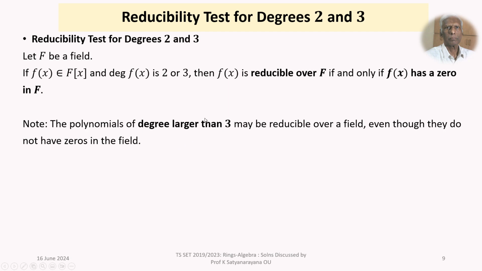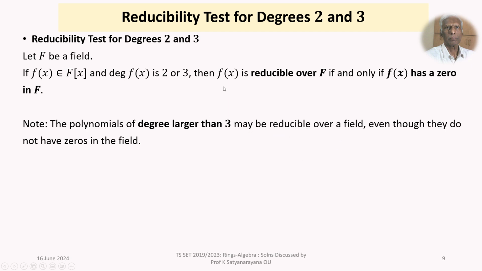So you take f(x) whose degree is, let us say, 4, and look for its roots. If this polynomial has no roots, no zeros in that field F, it doesn't mean that it is irreducible. It may still be reducible.